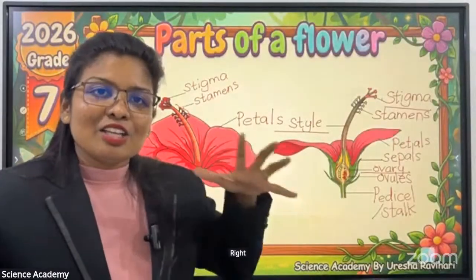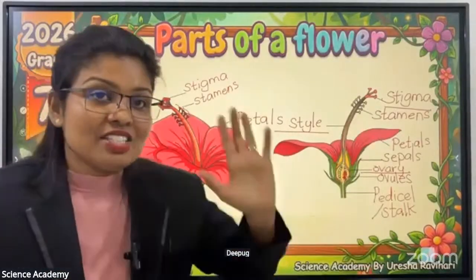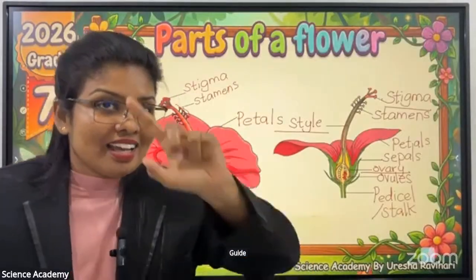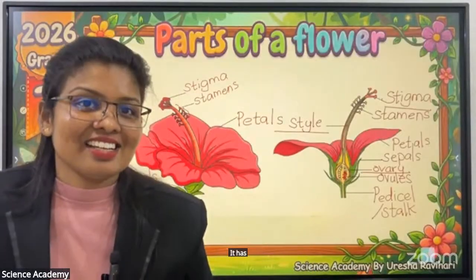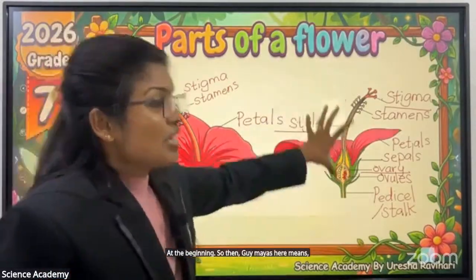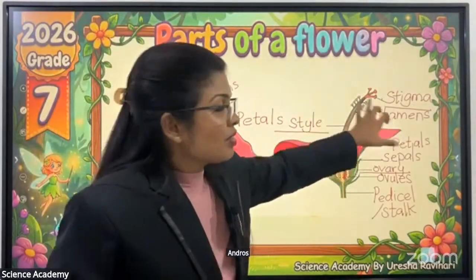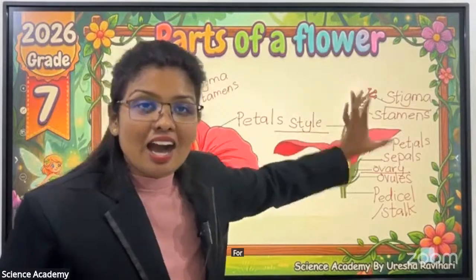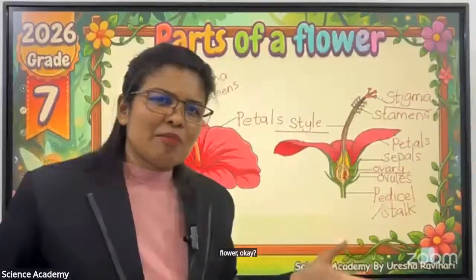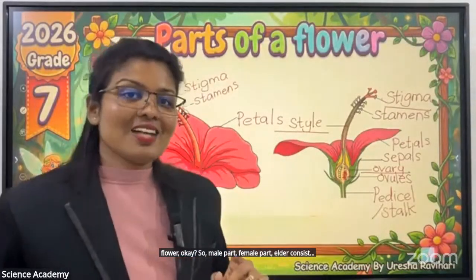You can keep it in your mind: G for girls. Gynaecium has G at the beginning, so gynaecium means the female part of the flower. Androecium or stamens are the male part of the flower. Okay, so male part, female part, and the other things we'll discuss next week.